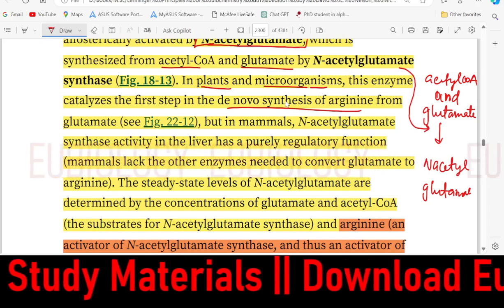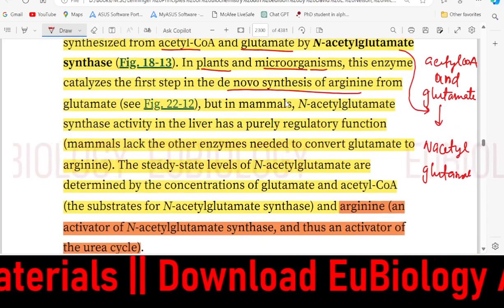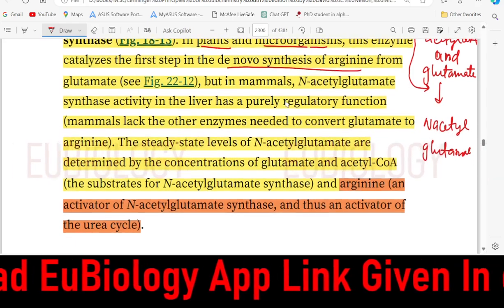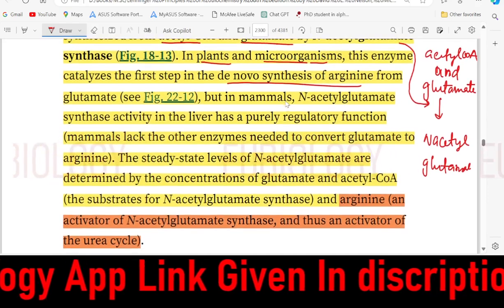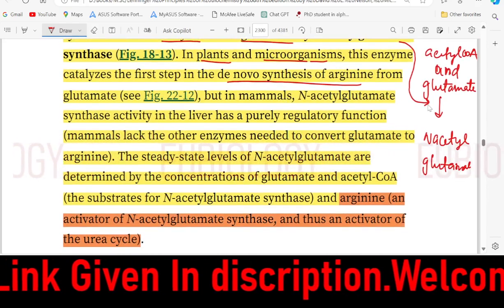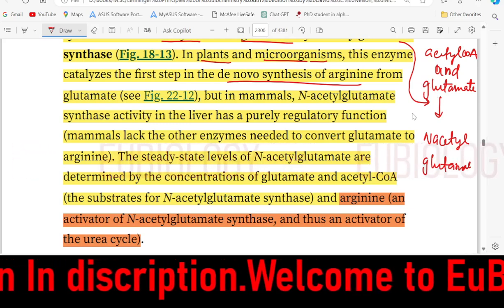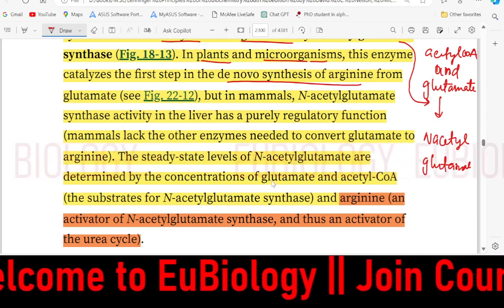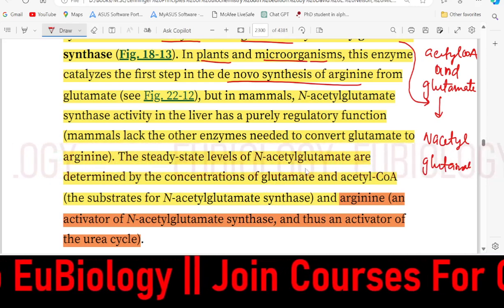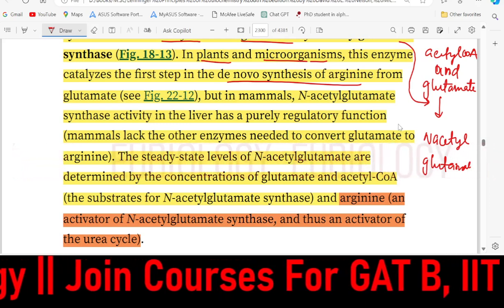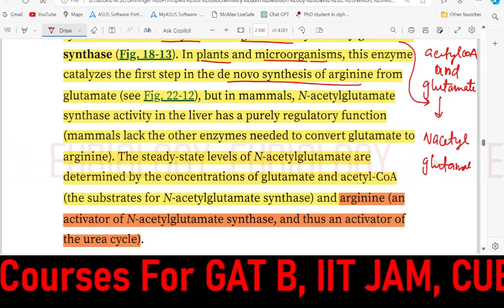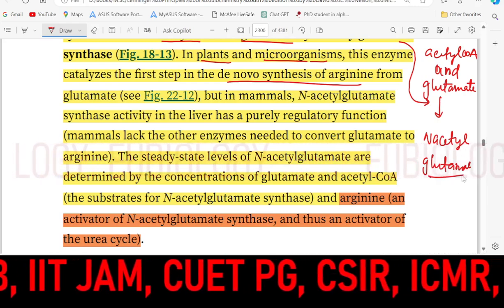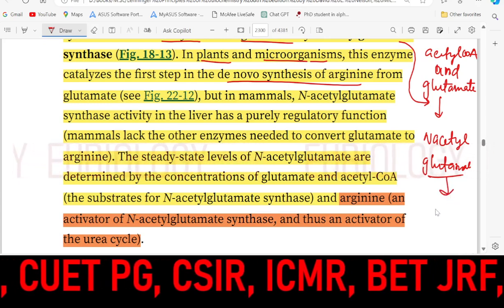So what you found? What is the important take home knowledge from here? If the glutamate will be more, then N-acetyl glutamate synthetase will be more, and then carbamyl will be more.